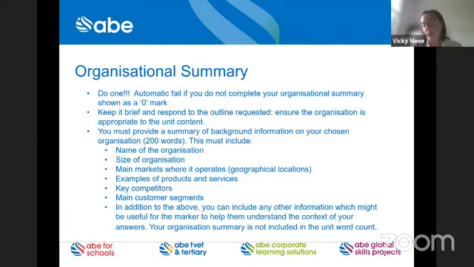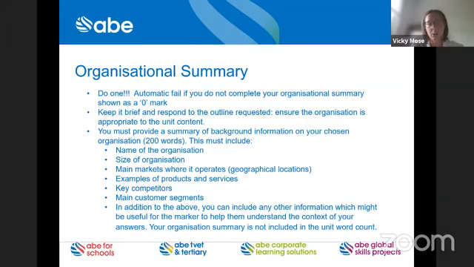So for all of our open book style assessments, which are both assignments and our open book exams, we like you to pick an organisation and write a summary about them. And then when you're answering the questions, you need to think about that organisation you've chosen and reference them in your answers, because that gives you the application side of your knowledge.